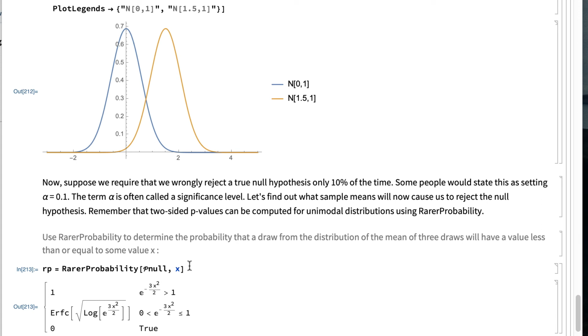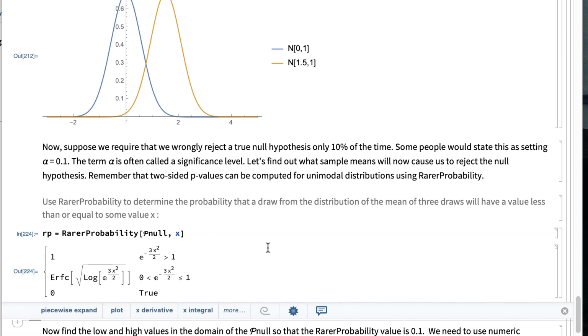So to do that, I'm going to compute, if I set a value at x, what the rarer probability is of the blue distribution, the null distribution. If I do that computation, here's what I get. I get some complicated formula.